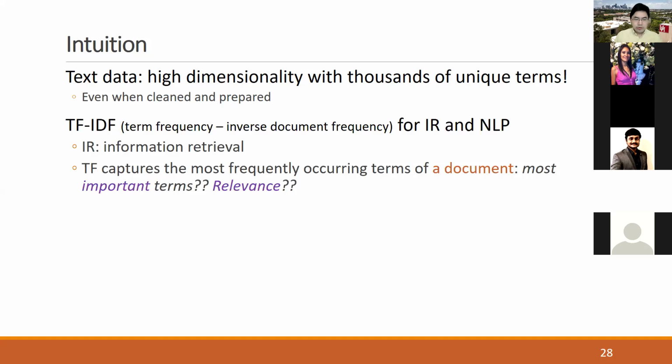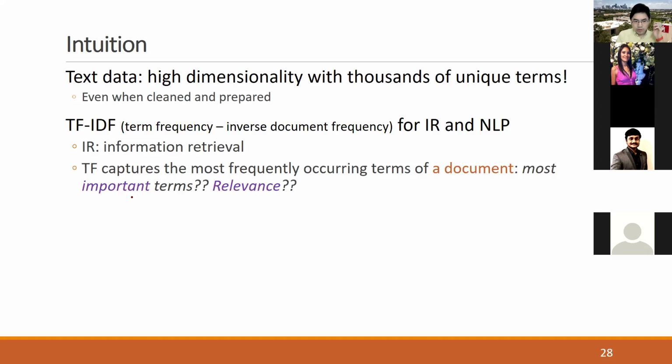In information retrieval, the basic tool is the TF-IDF. It includes two concepts. One of them is the concept that we discussed, the term frequency. It does have some utility, but it has shortcomings.